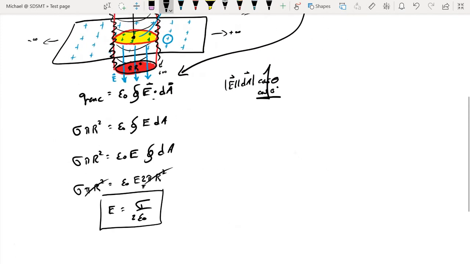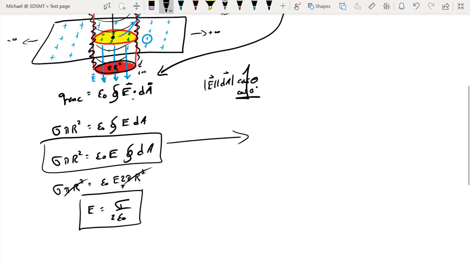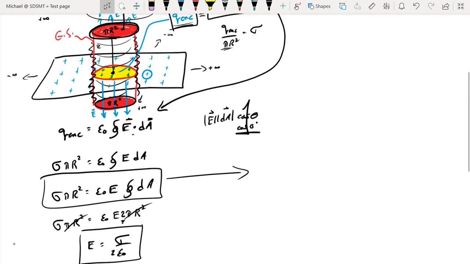Now, one thing that I will bring to your attention, let's look right about here in the steps of our work. I'm going to simplify this a little bit. We have the sigma pi r squared, and that was how we represented the enclosed charge from our charge sampling.